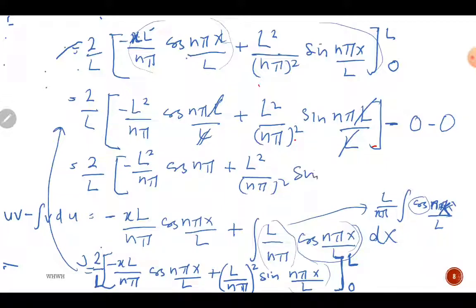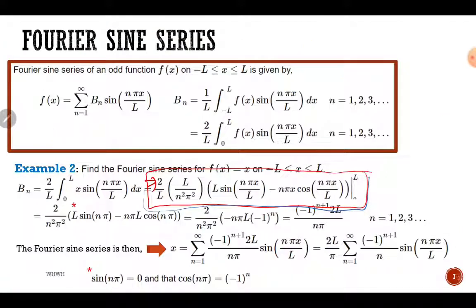Sin n pi. Okay, for your information, cos n pi ni adalah sama dengan ni. Ni dia punya formula. Cos n pi dia akan sama dengan negative 1 power of n. Okay, kenapa macam tu? Sebab cos kalau dia sama dengan pi, dia akan jadi negatif 1.